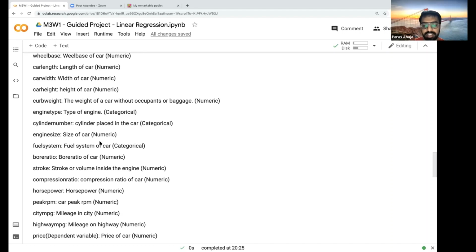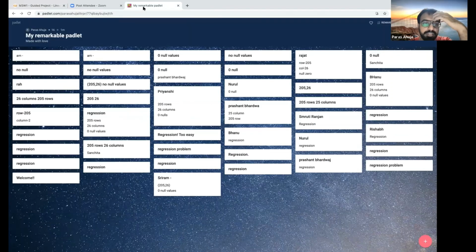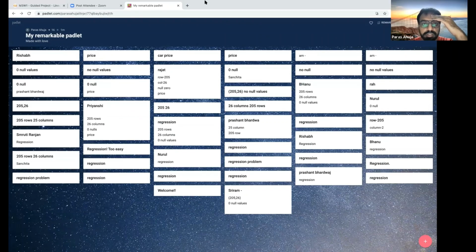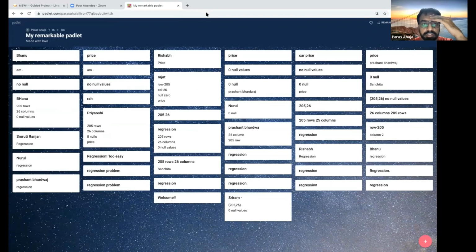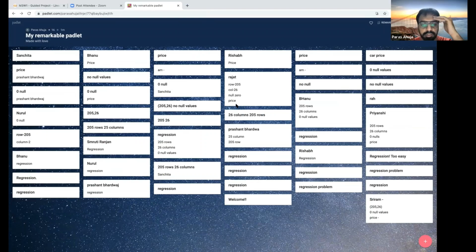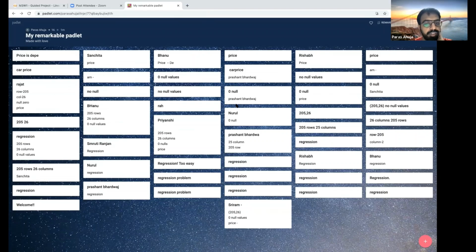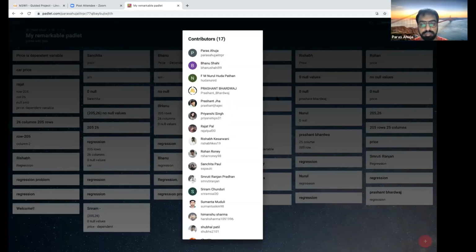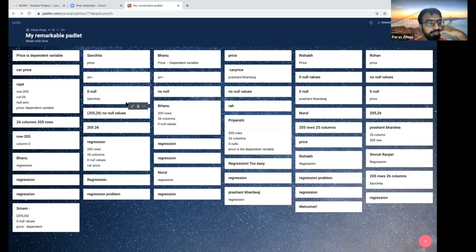So we have a set of independent variables, and what's our dependent variable? Yes, price is the dependent variable, right?